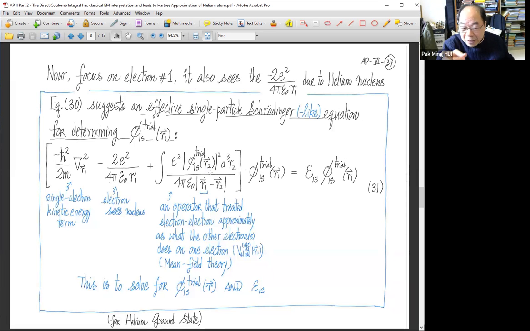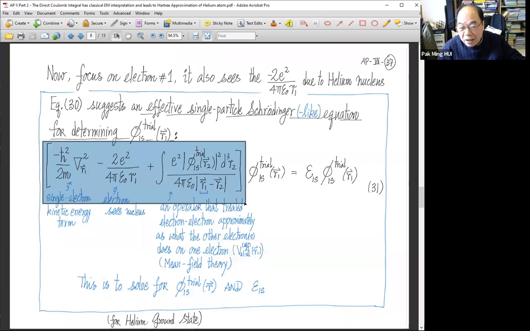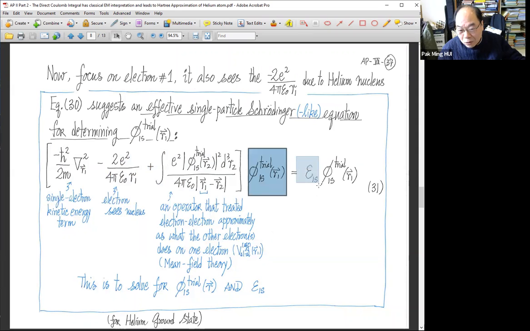As the other student Tai just asked, I could have written down a second equation, also a single electron state equation, so that there are 2 single particle Schrödinger-like equations. I say Schrödinger-like because indeed it is like a single electron operator, some kind of effective H, psi equals some unknown energy times the energy eigenstate.